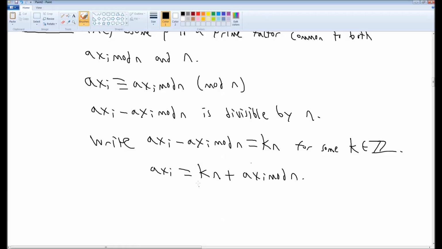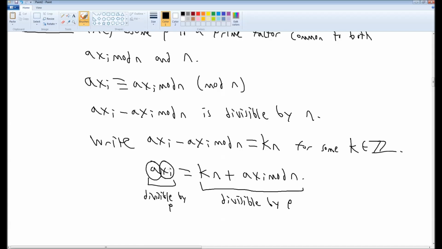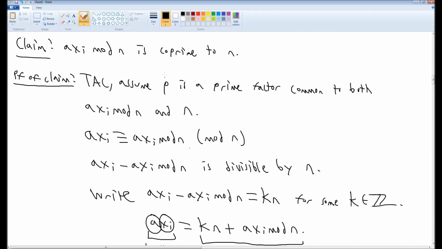So when you add two numbers that are divisible by p, the whole thing has to be divisible by p. And since this is equal to a·xi, that means a·xi has to be divisible by p. This is impossible because since a and xi are both coprime to n, they can't have any prime factors in common with n. But p is a prime factor which appears in the prime factorization of n.